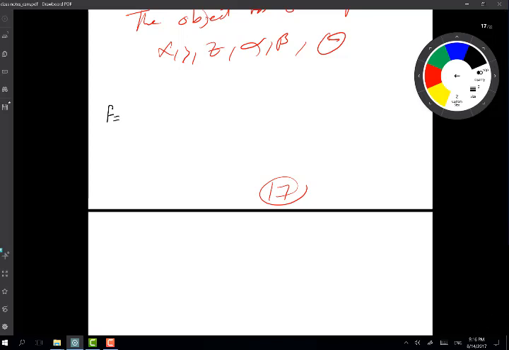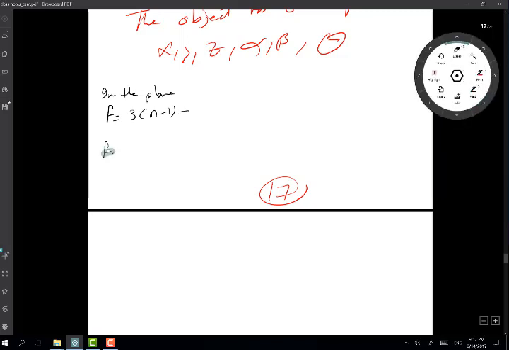So in the plane, the equation was 3(n minus 1) minus... I'm going to write this and compare the two together.